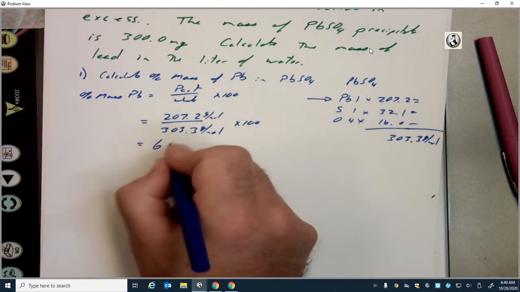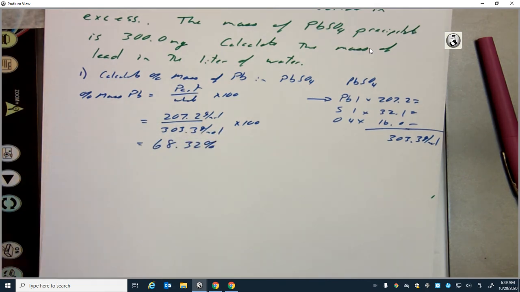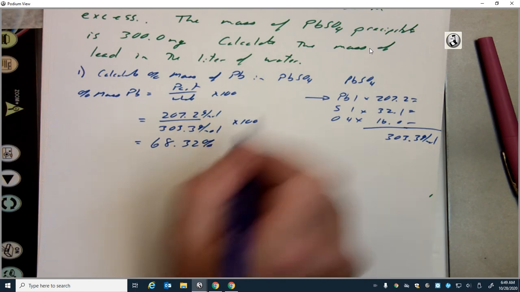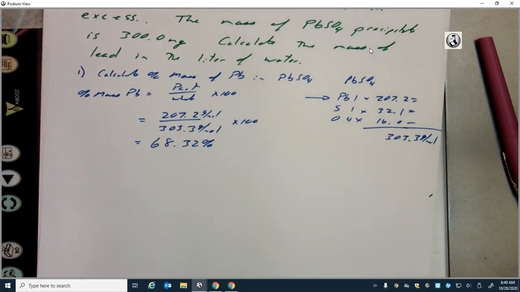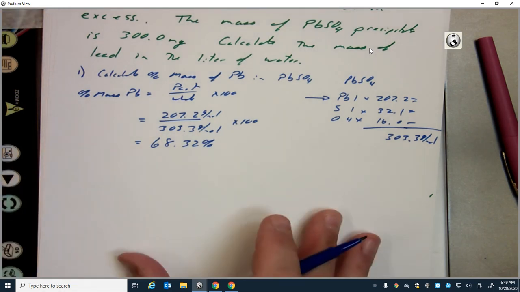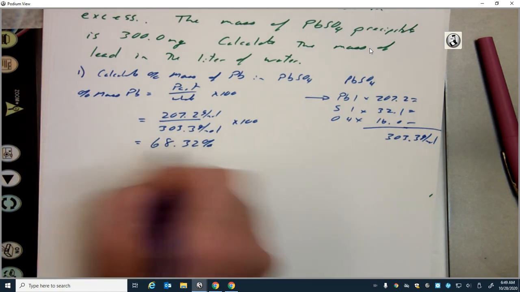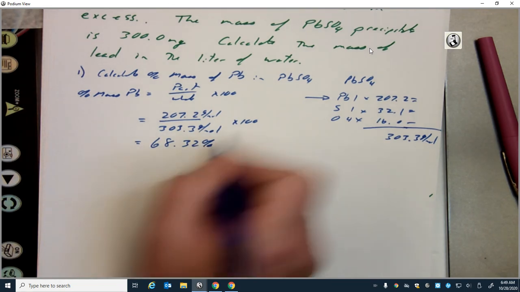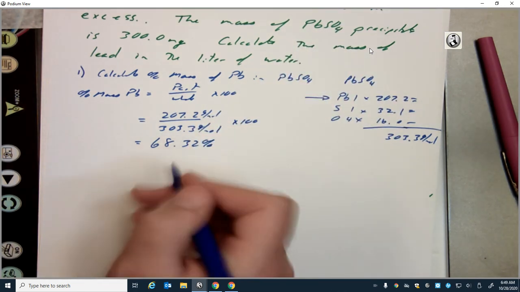So it turns out that 68.32% of the sample is lead. So I can say this now. Now that I know that 68.32% is lead, I can say this.